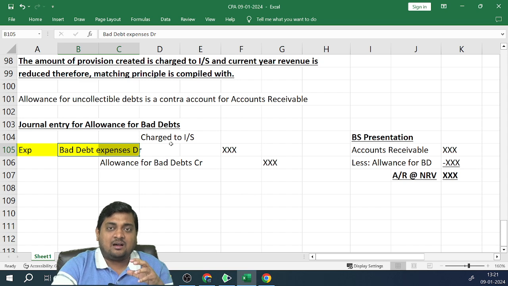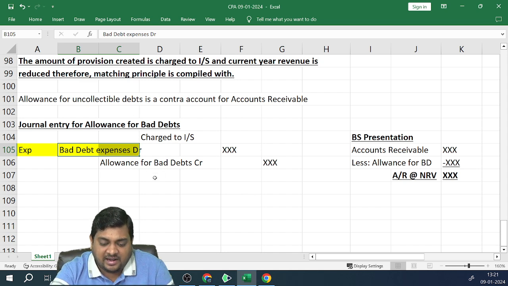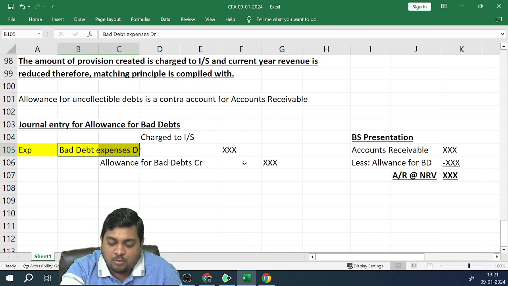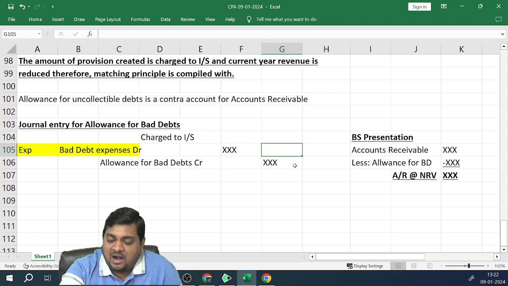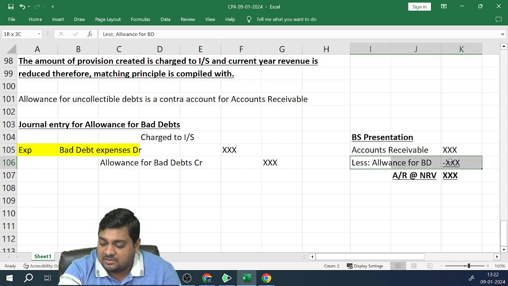So anyway, on actual basis, when it actually becomes uncollectible, there might be a few plus and minus here and there, but some matching has been done. I have shown some part of the expense, no problem. And by creating this allowance, I am subtracting it from accounts receivable. So somehow I am not overstating it.